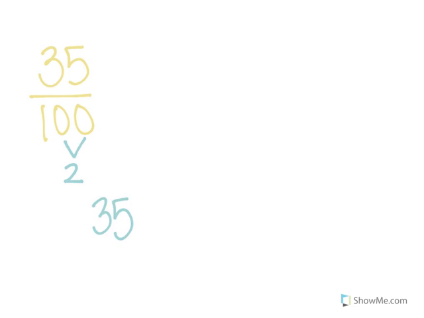I'm going to give you the fraction 35 hundredths. Okay? So, check to see how many zeros there are. There are 2 zeros. Since there are 2 zeros, if I had the number 35 and I had my decimal point right here, I could move it by how many zeros there were.